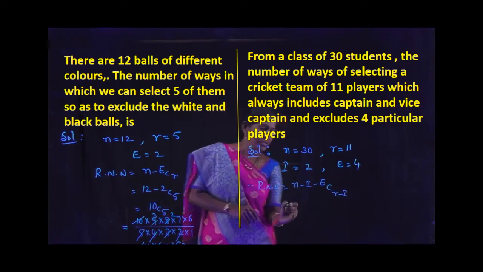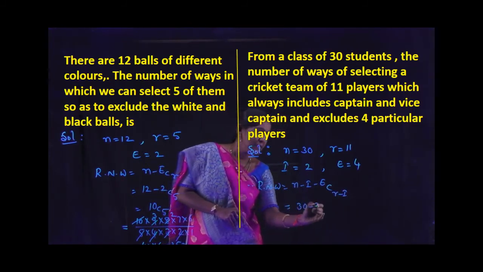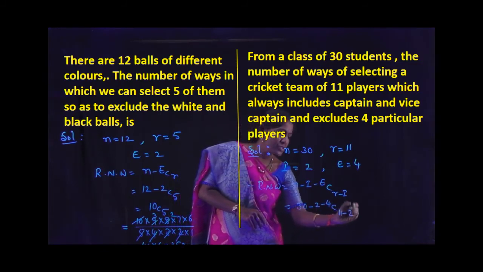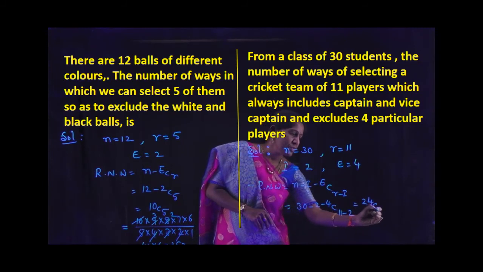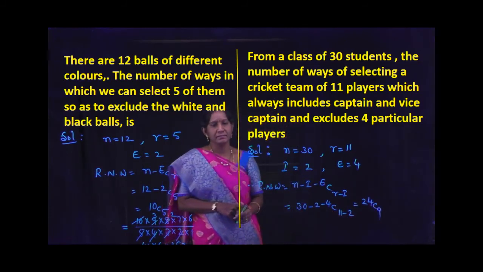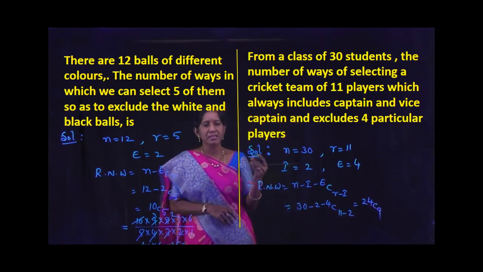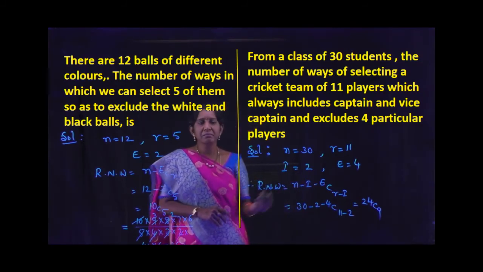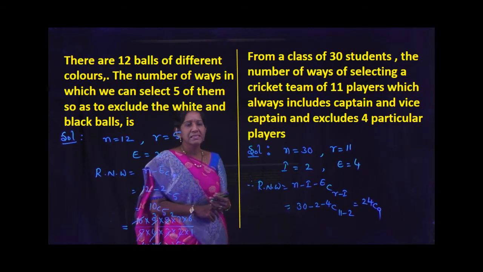Put all the values: 30 minus 2 minus 4 C 11 minus 2. Then this value is 24C9. With including things and excluding things, the required number of ways is n minus i minus e C r minus i.